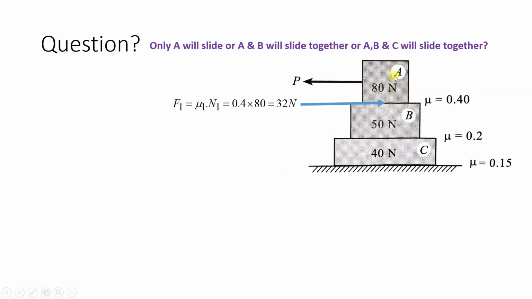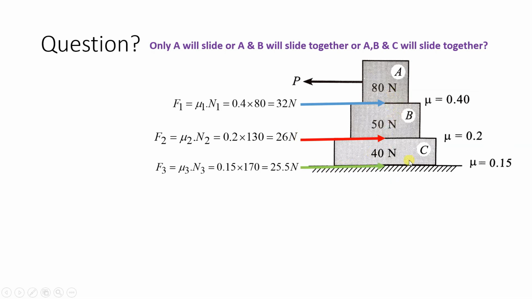Now if you consider A and B together, what is the net weight? 80 plus 50, that is 130 Newton. So what will be the F2 value? Mu2 into N2. Here you calculate, this is 26 Newton. Then consider the friction force for C, so this will be the combination of A, B and C together with this bottom surface. What is the total weight? 80 plus 50 plus 40, 170. What is the coefficient of friction? 0.15.